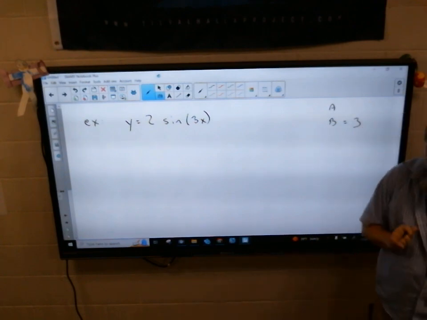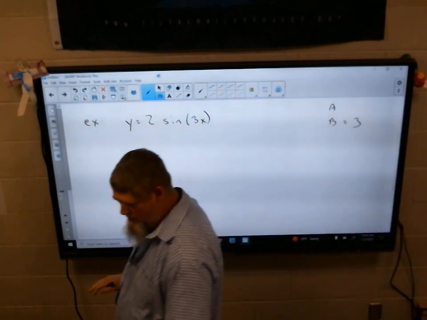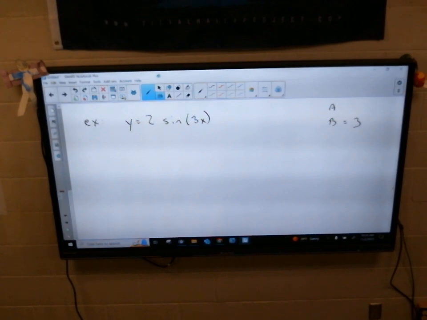Now here's what that means, just in case you're wondering. What exactly does that 3 mean? Forgive my sketch here. Between 0 and 2 pi, normally how many periods do we do? Normally it's 1, correct?